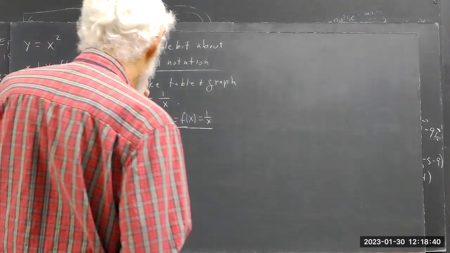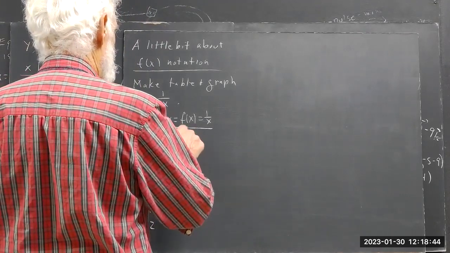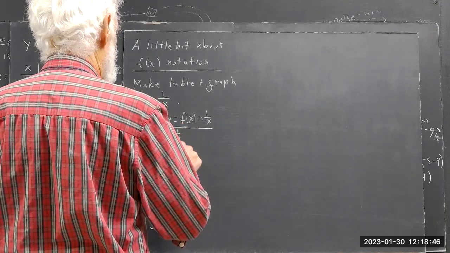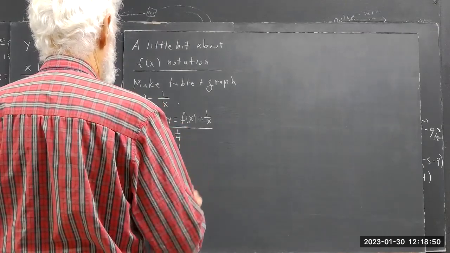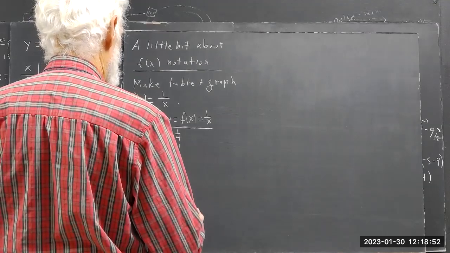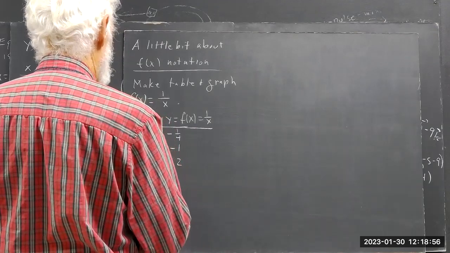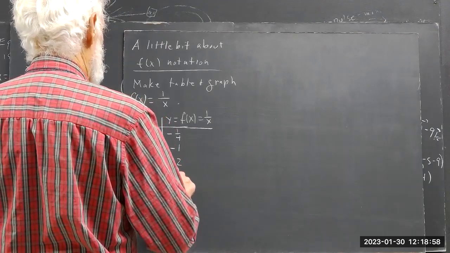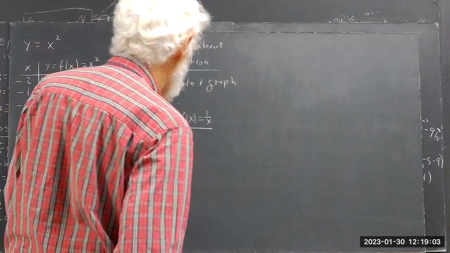So we do the arithmetic, we get -1/4, -1, -2, 2, 1, 1/4. We're going to leave 0 in here, but I'm going to give that the label DNE for does not exist.